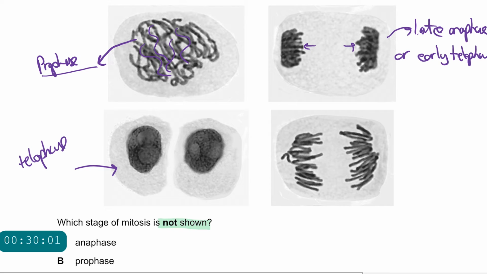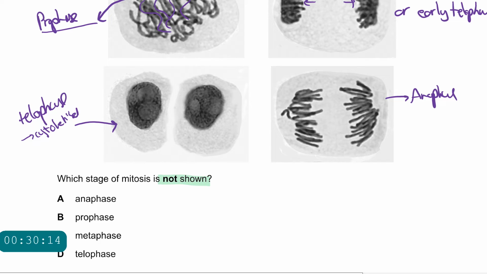Actually, late telophase leading to cytokinesis. And lastly, this cell shows anaphase. So if we see here, clearly the missing stage is going to be metaphase. And quickly, metaphase is the lining up of chromosomes across the metaphase equator for spindle fibers to attach to the centromeres of the chromosomes to pull them apart.